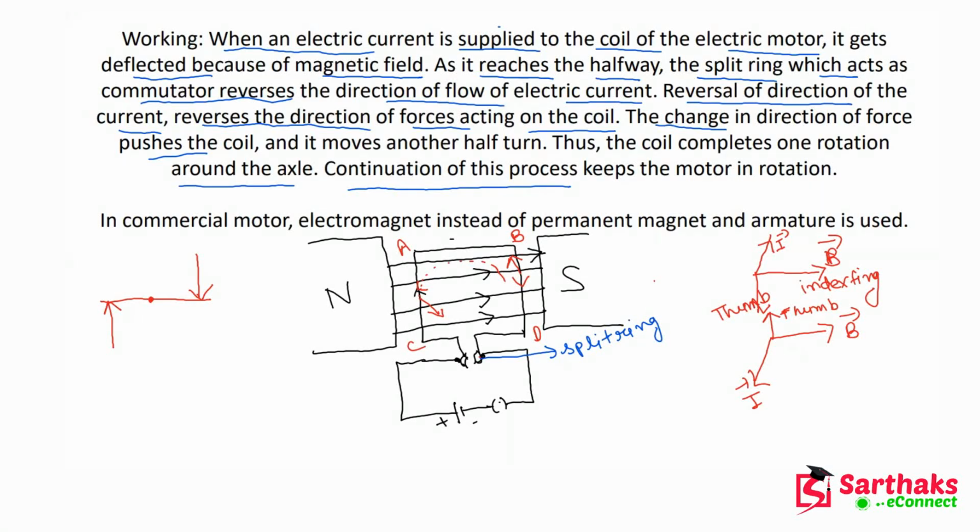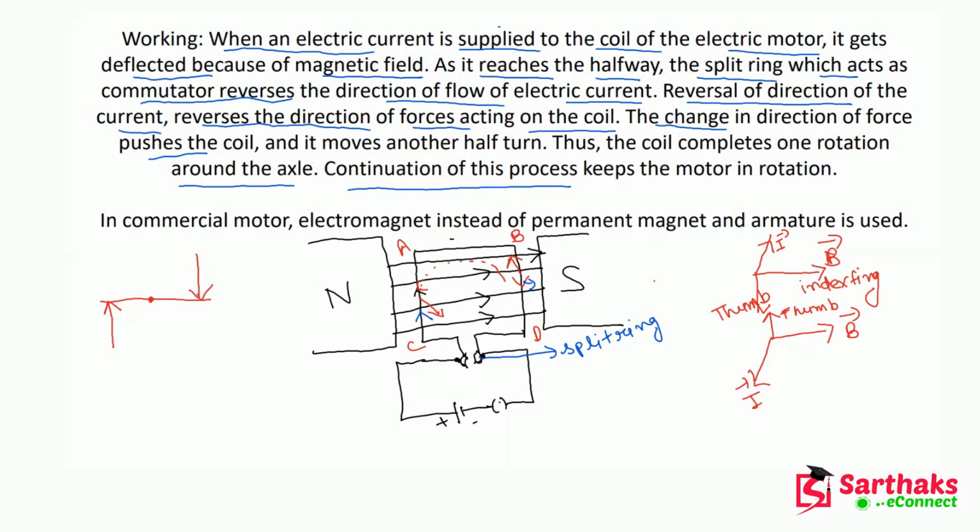So what happens? It will come here. And when this side comes here, the direction of the current will be reversed. Because in this conductor the direction of current was downside, but when it comes here, the direction of the current will be upside.